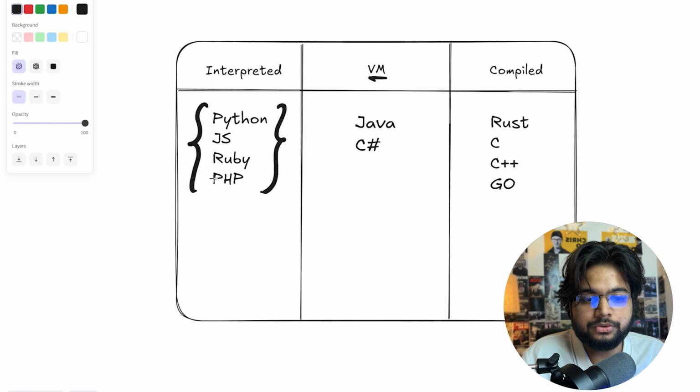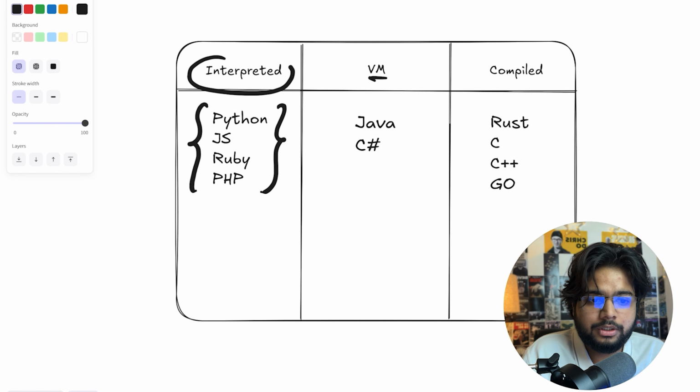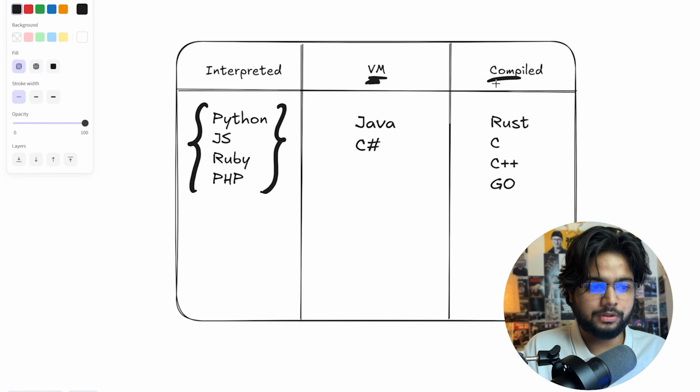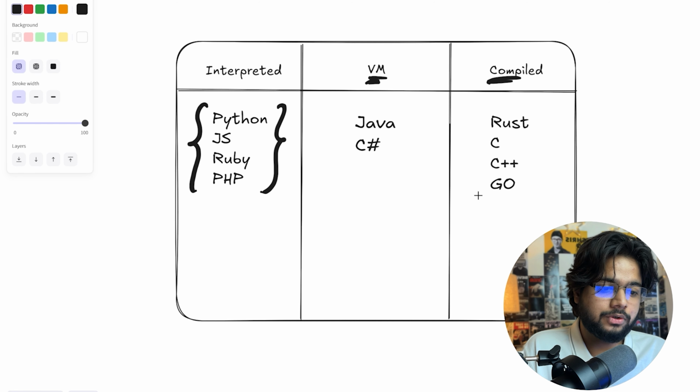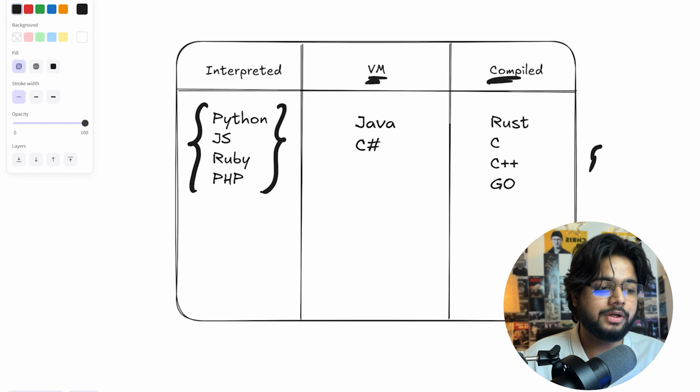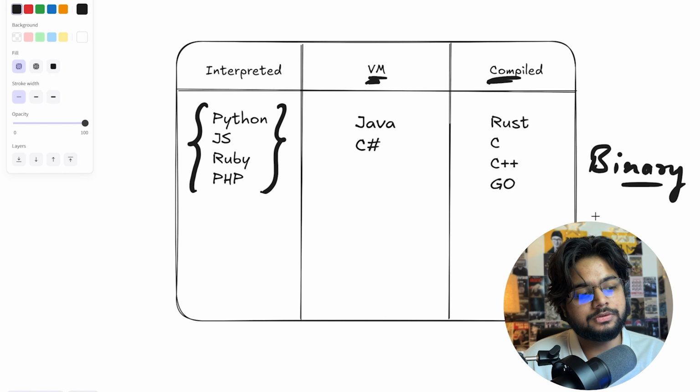So if you are hosting it on AWS or something, you have to put the code over there, then install all the runtime, and then run this. This requires a whole runtime, and there should be a proper interpreter to run all the code. Whereas in the VM or compiled languages, you do not have to give the code to the client or the server to run it, because you can run it through the binary files, and I will get onto this in a moment.